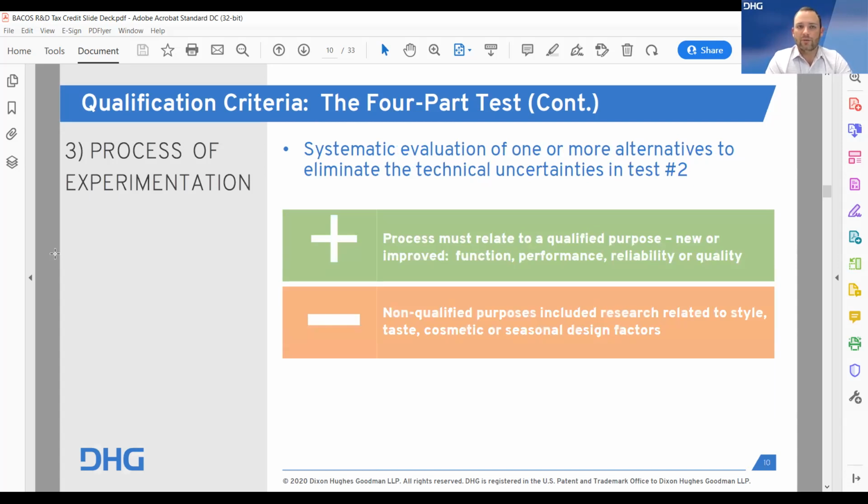The third test, called the process of experimentation, builds directly off of test number 2, technical uncertainty, by essentially saying, okay, now that we have our new or improved goals, and we've identified our uncertainties related to the new or improved functionality, let's go through some iterative process by which we can test those uncertainties, test our hypotheses, and figure out if what we're intending to do is going to work with the path that we've set forward.